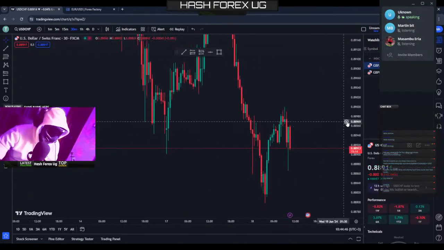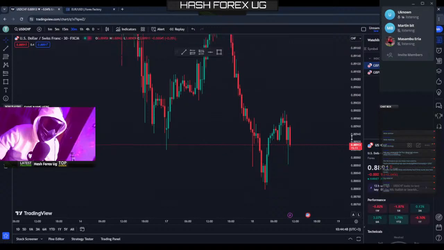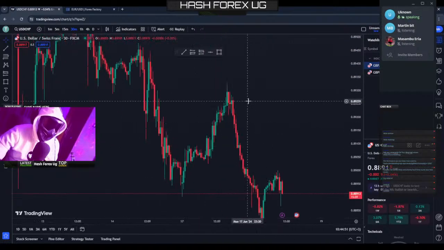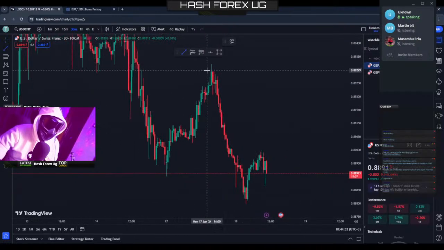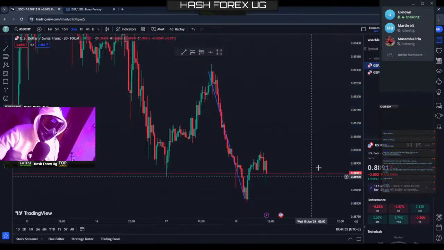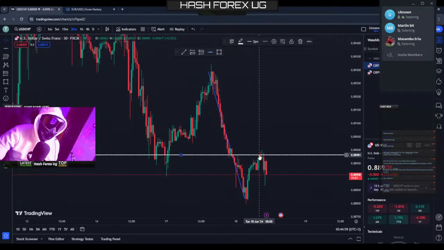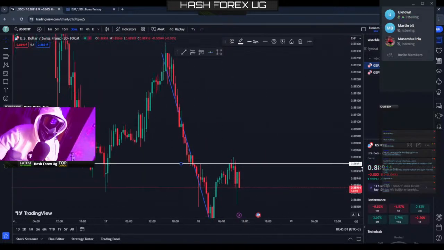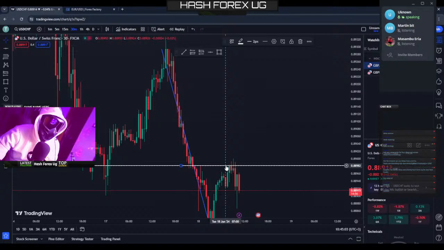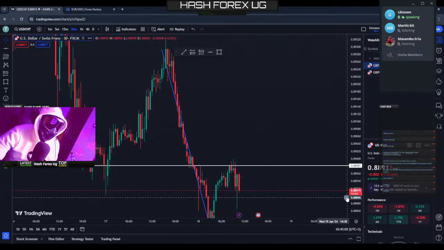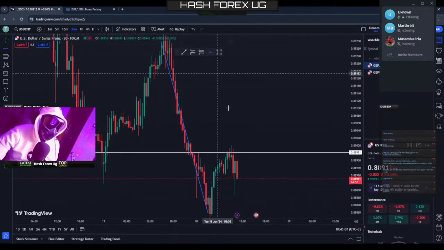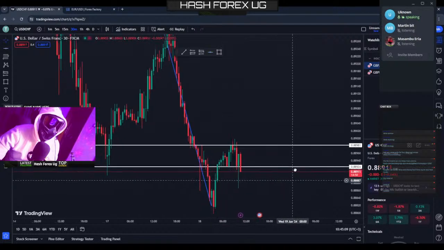It's also, if you're to look at its 30 minutes, it's giving you this beautiful push to the downside, and then creating this level of resistance here, having this support level here.